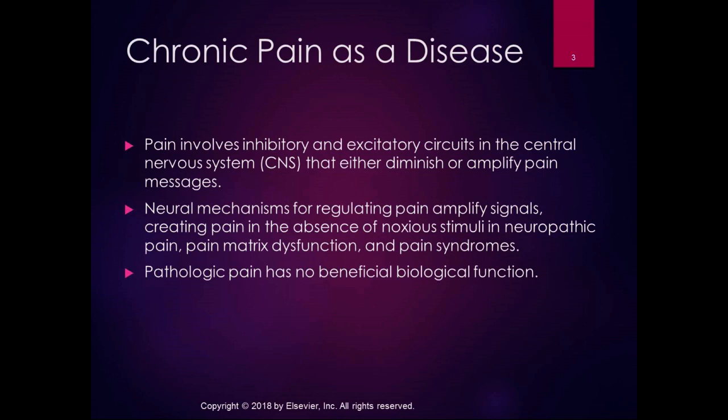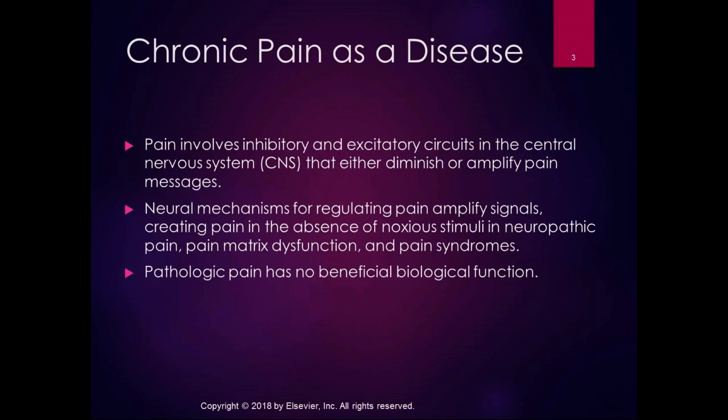So when you have chronic pain as disease, neural mechanisms for regulating pain are amplifying pain signals. So rather than having pain because you have noxious stimuli, the neural mechanisms for regulating pain are actually creating pain in the absence of noxious stimuli.